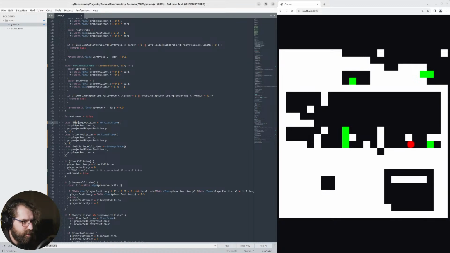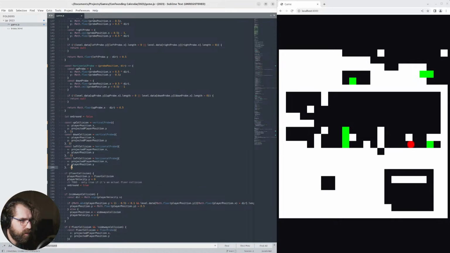Well, why don't I just say up collision, down collision? Up collision, down collision. Left collision. Horizontal probe, -1. Right collision, 1. Probably don't need them all the time, but it's not like it's going to be much of a waste to do this calculation.